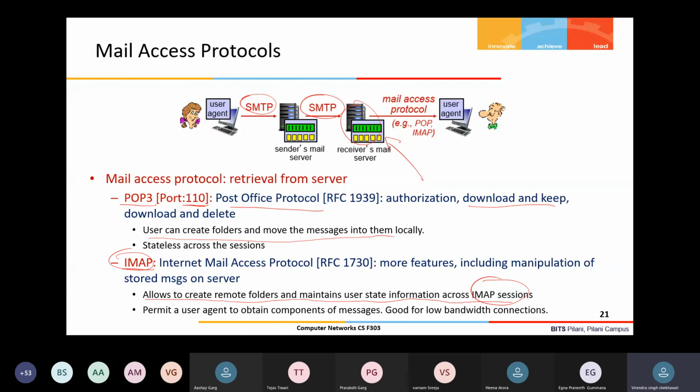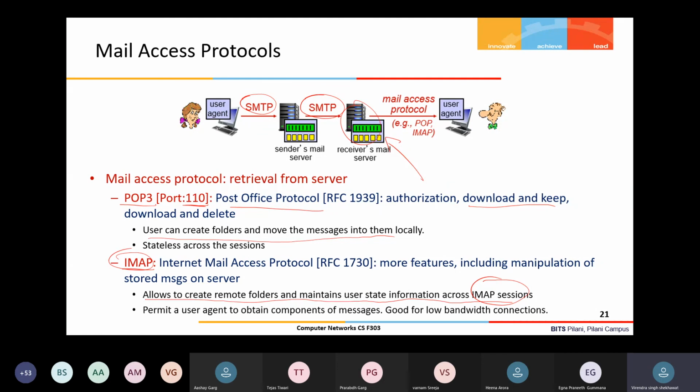So nowadays, suppose you access Gmail from your laptop, and then from your mobile also. If you deleted some mail or created some folders on your laptop, that will be available on your mobile phone also, right?